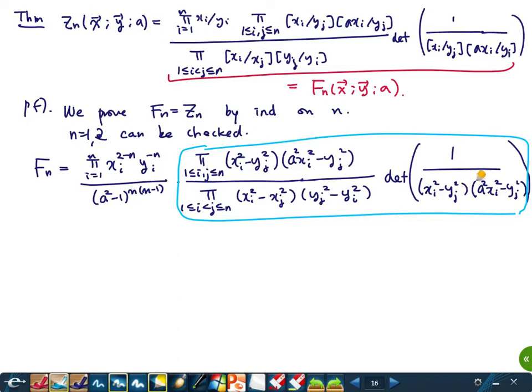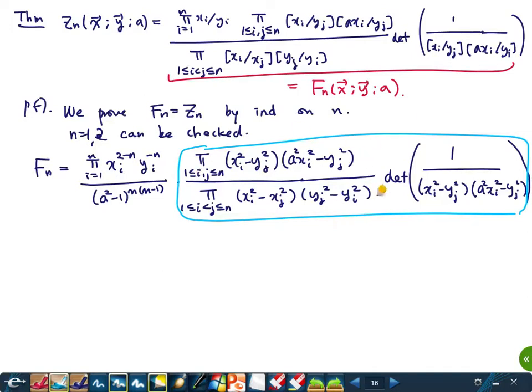If you divide this by the Vandermonde determinants, then this part is going to be a symmetric polynomial. We know that if you divide an anti-symmetric polynomial by the Vandermonde determinant, it gives a symmetric polynomial. We learned that. So this part is symmetric, and this part is already symmetric.